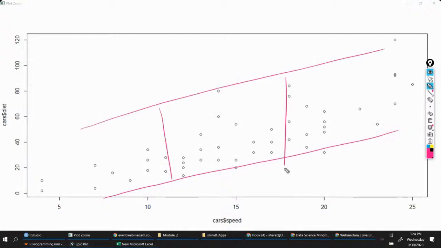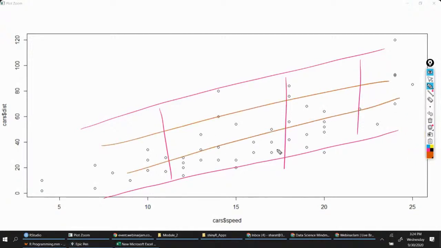Here you see there is a huge spread. If I can get the spread of the data reduced, then I can fit a line passing through the data in such a way that it is close to the majority of the data points.